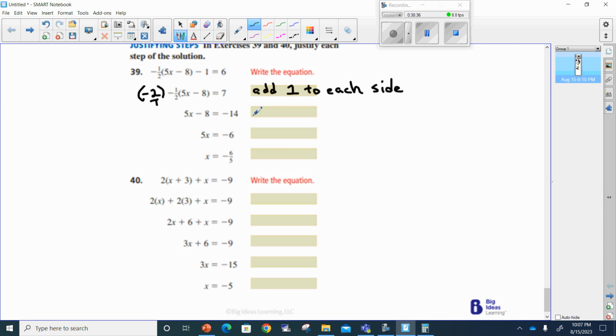So in this one, they multiplied both sides by -2. On this one, we see that they got rid of the -8. The only way to do that would be to add 8 to both sides, right? So we can say they added 8 to both sides.